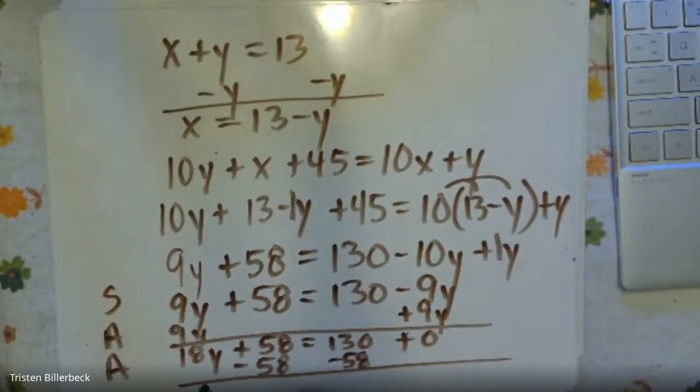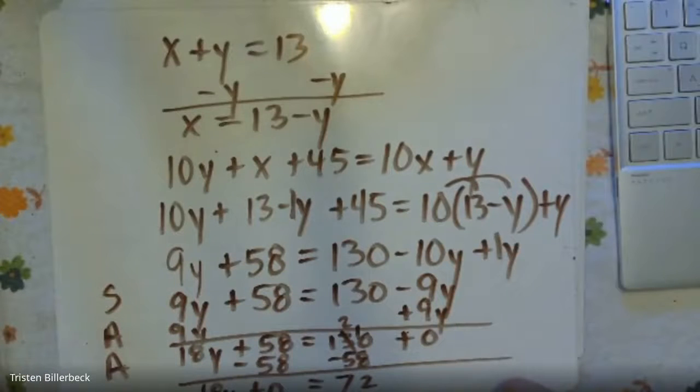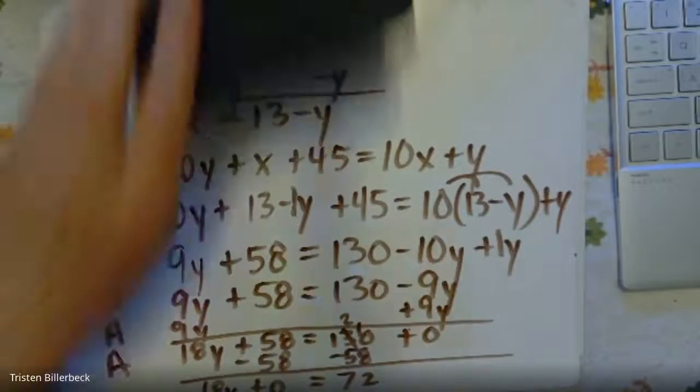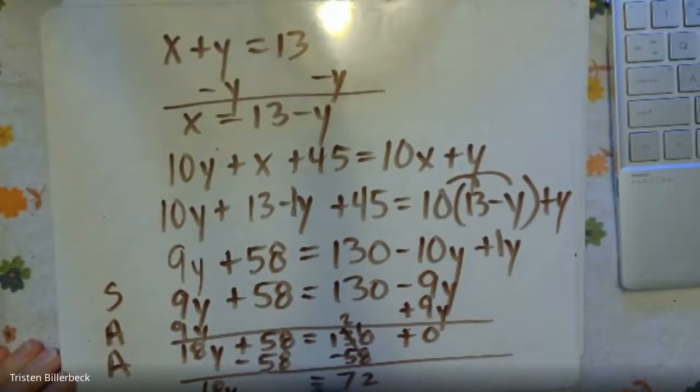So this gives me 18y plus 0 equals, and if I borrow one from here, I've got 72. So when I divide by 18 and use a multiplicative inverse in the SAM process, I'm going to divide by 18 on both sides. I end up getting y equals 4.